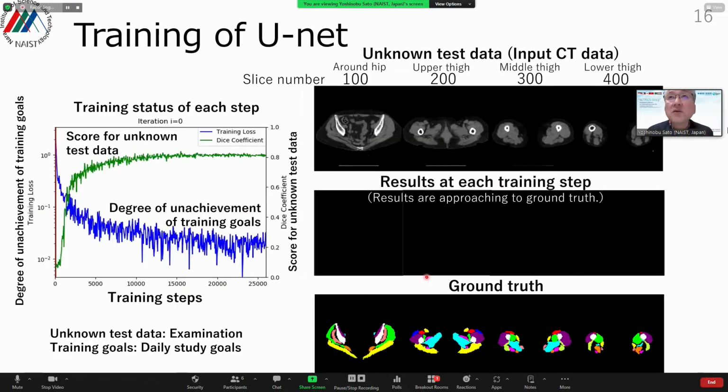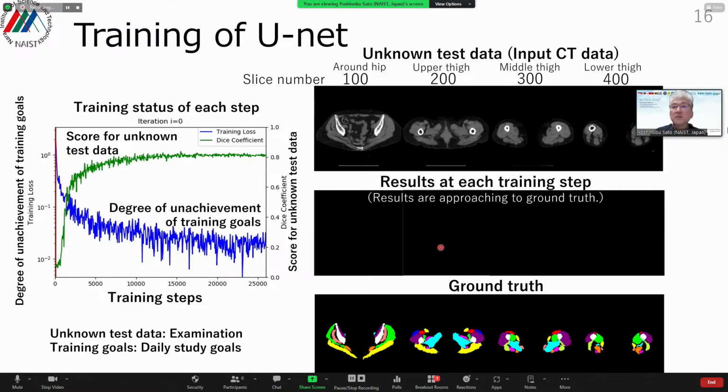This slide shows training of the UNet deep learning model. This is the ground truth label image. This is the input CT image. This is the output result by the UNet deep learning model. Please look at this.